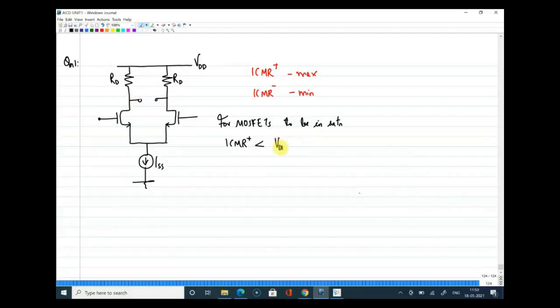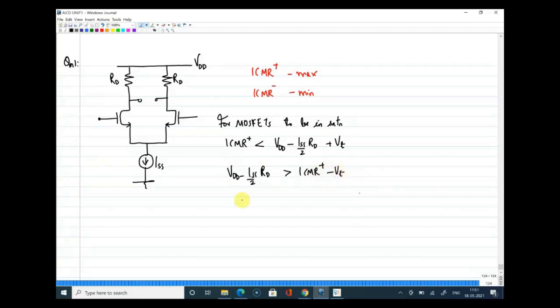Drain voltage will be VDD minus ISS by 2 into RD, plus VT. From here you can write further: VDD minus ISS by 2 into RD should be greater than ICMR plus value minus VT.